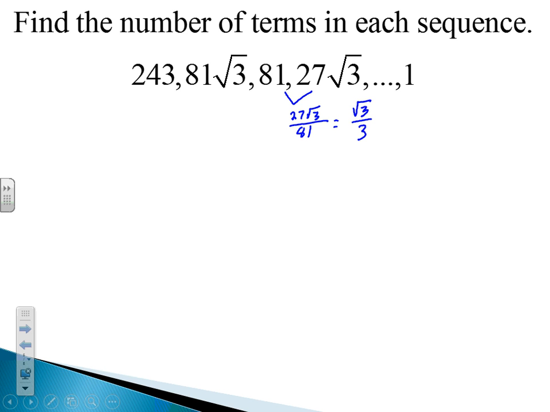So a sub 1 is the 243, and we want to know what is n. So this is where, if you need to, you can rewind the video.